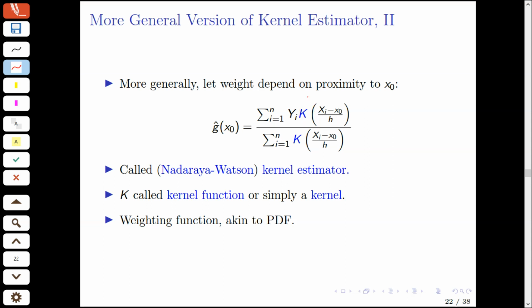Now, on picking these kernel functions to satisfy certain criteria, we've introduced a new type of estimator, which is often referred to as the Nadaraya-Watson kernel estimator. In fact, we've introduced a family of estimators depending on the K that we make use of. Now, a kernel function is simply a weighting function. And one may think of it as a PDF, although it need not be a PDF.